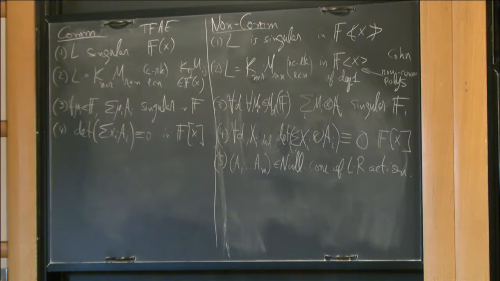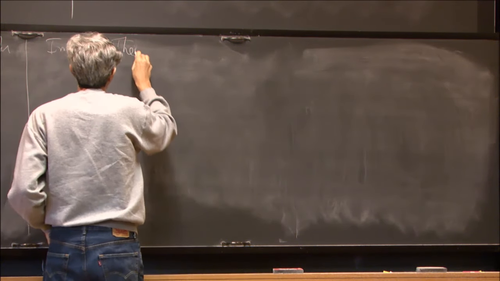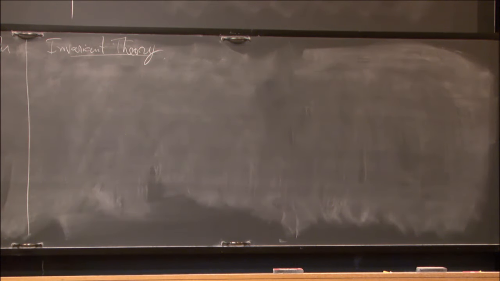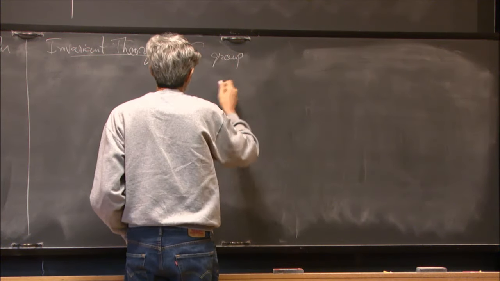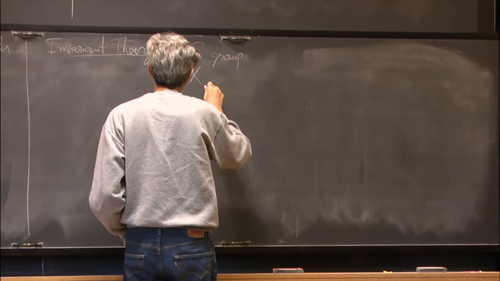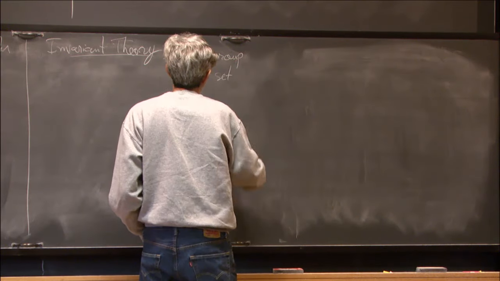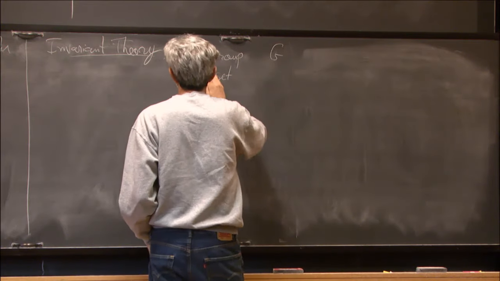So now we want to... In general, in invariant theory, you have some group G and some X, it's just a set, maybe I'll call it omega.